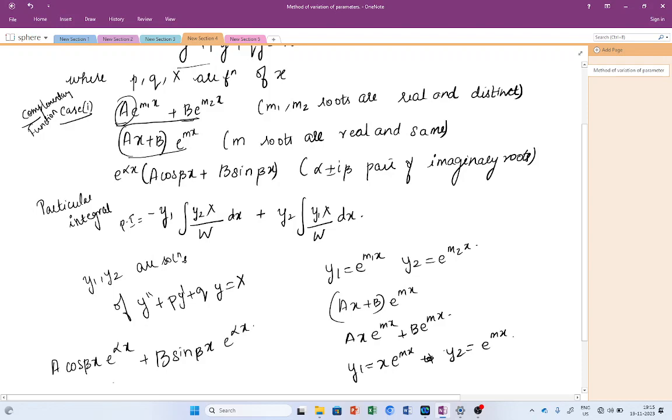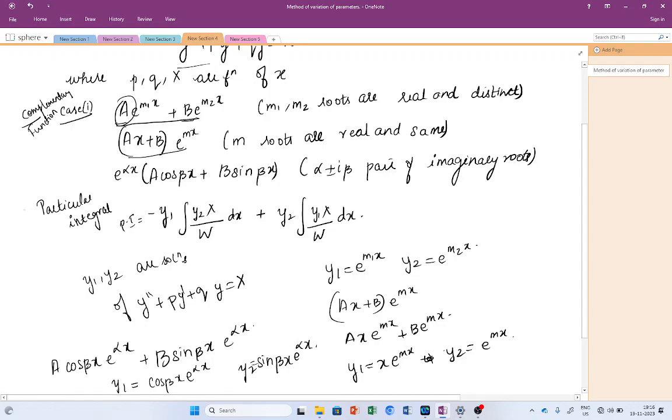So my y1 here will be cos beta x e power alpha x and y2 will be sin beta x into e power alpha x. Okay, so this is the outline. This is how my y1 and y2 will be. Whatever you have along with the constants in your complementary function is your solutions, that is your y1 and y2.